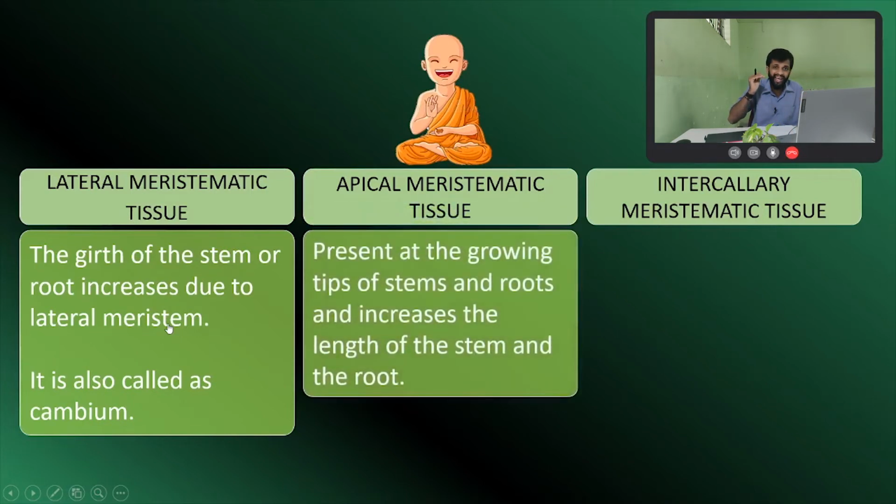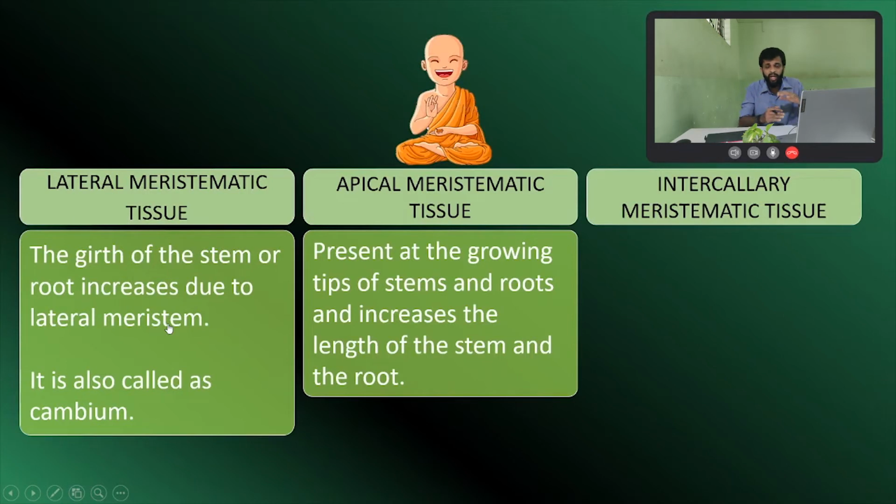Second is the apical meristematic tissue, which is present at the growing tips of the stem and the roots, and increases the length of the stem and the length of the roots. So if you plant one seed today, maybe after another 7-8 days the seed has germinated and a small plant has grown.